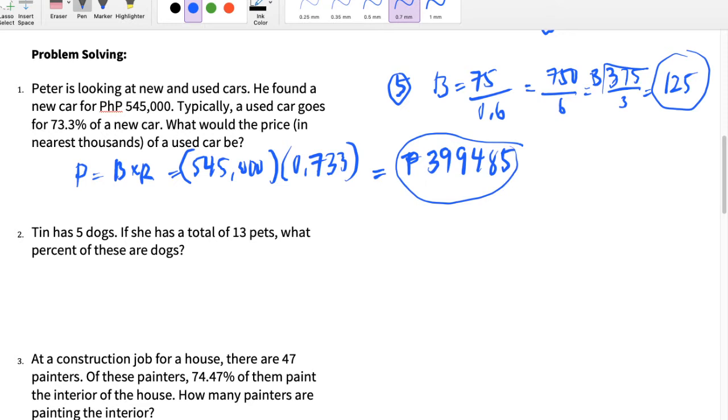How about number 2? Teen has 5 dogs. If she has a total of 13 pets, what percent of these are dogs? Okay, sorry. Hinahanap natin dito is rate. Rate is equal to percentage over base. So, 5 over 13.